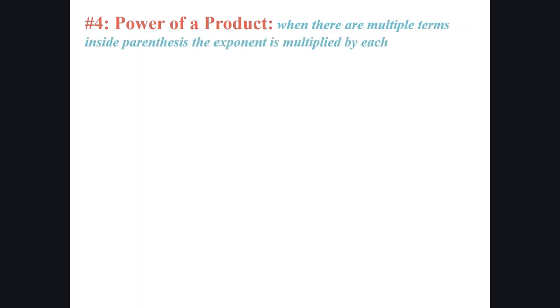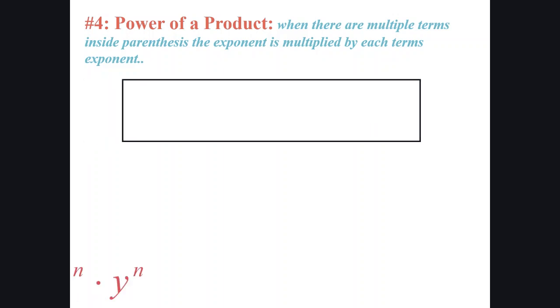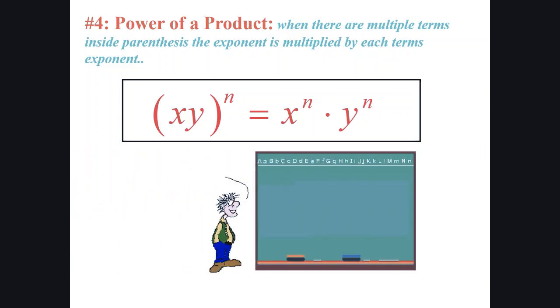Next rule is power of a product. So when there are multiple terms inside the parentheses, the exponent is applied to each term. Let's look at the rule. I have x times y in the parentheses, and they both go to the nth power. If I simplify this, it will be x to the n power times y to the n power.